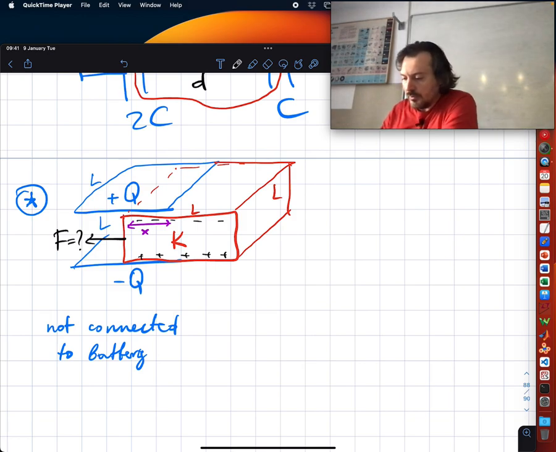Yes. So dielectrics are non-conducting materials.